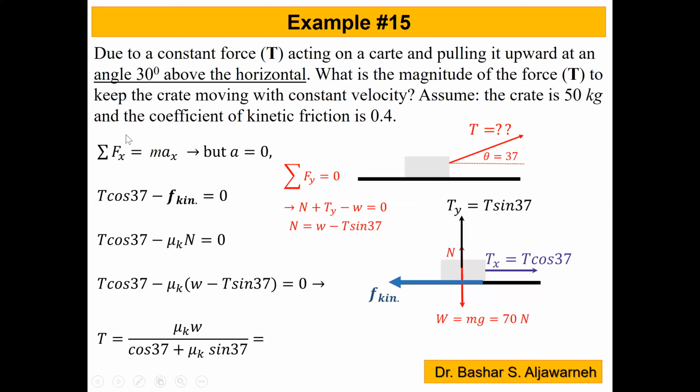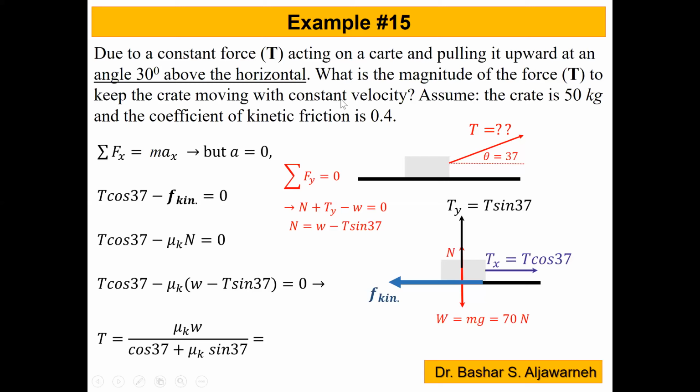Let's go to the summation of Fx equals ma, but the acceleration here is not given. Hold on. The question says the motion is with constant velocity. Go back to the first or second slide. You will see that if the velocity is constant, the acceleration is 0.